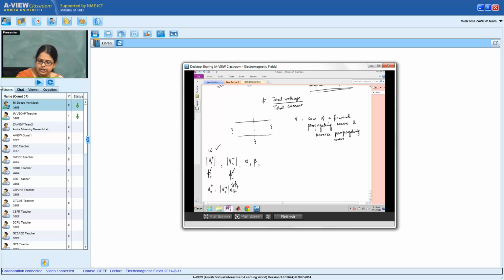So essentially what are the unknowns here? Remember what alpha and beta were? We wrote gamma, which is under root of (R plus j omega L) times (G plus j omega C). This we represented as alpha plus j beta.